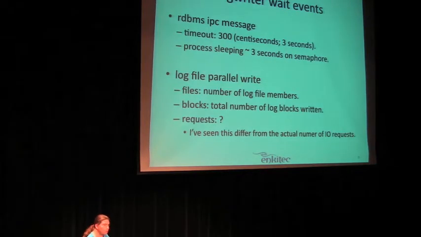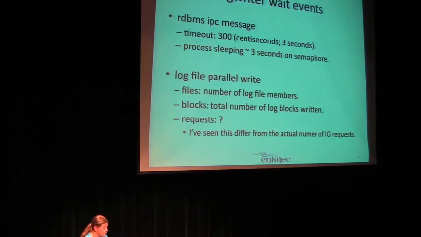So, the RDBMS IPC message is a true idle wait, and it has a timeout of 300 if you look at the SQL trace, which is in the old Oracle centiseconds way of saying it, which is 3 seconds. It means that the log writer process is sleeping for approximately 3 seconds.